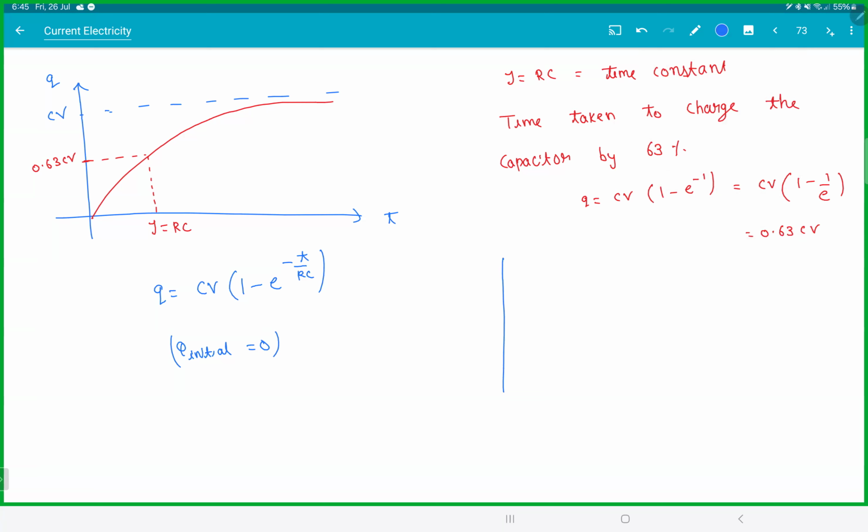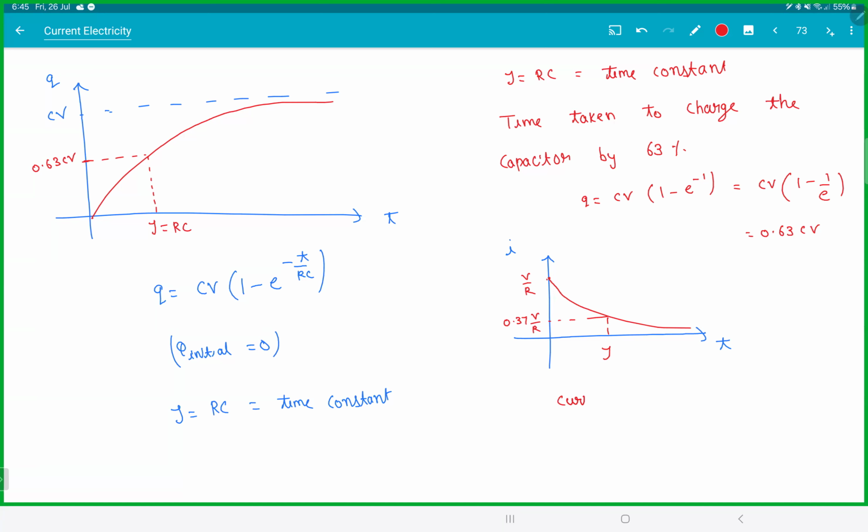Same thing if you try to plot it. Remember the time constant. This thing looks similar to relaxation time. And if you had plotted the I versus t graph, this would be an exponentially decaying function starting at V by R. This is also the same idea, 0.37 V by R. So in one time constant, current decays by 63%.